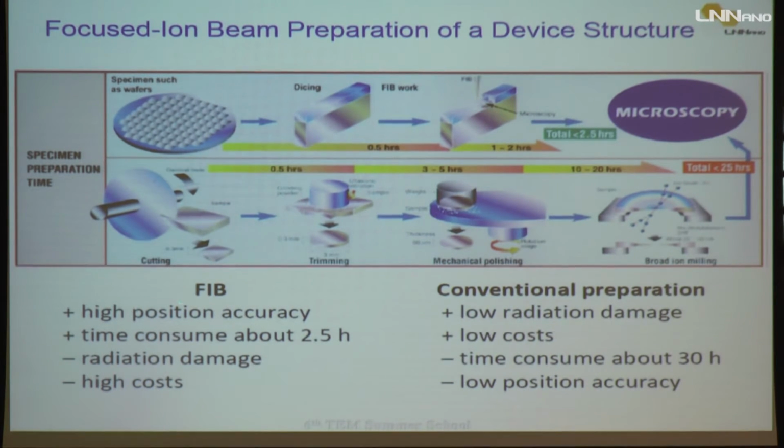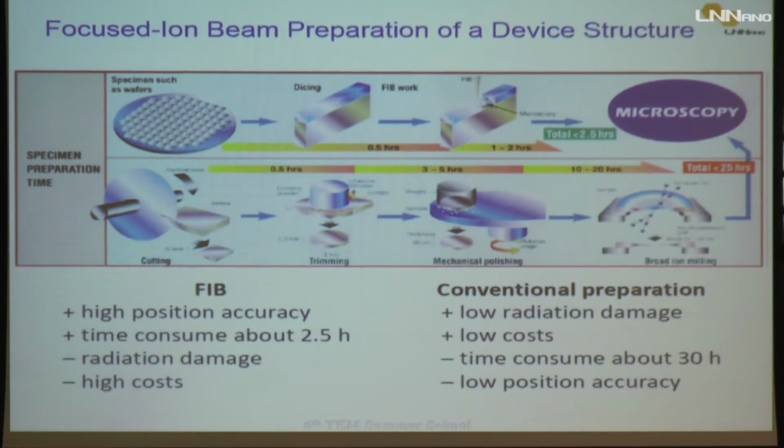For the FIB preparation, you have positive possibilities. Right position accuracy: you can choose exactly where you want to see your material. It's very nice, with very high resolution, and a very small amount of time is needed for the whole sample preparation experiment.